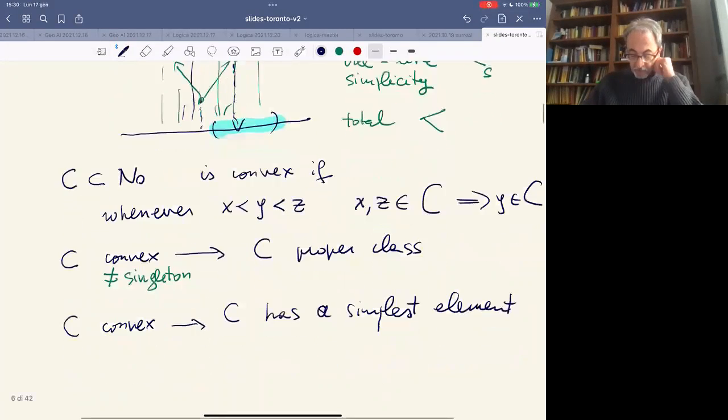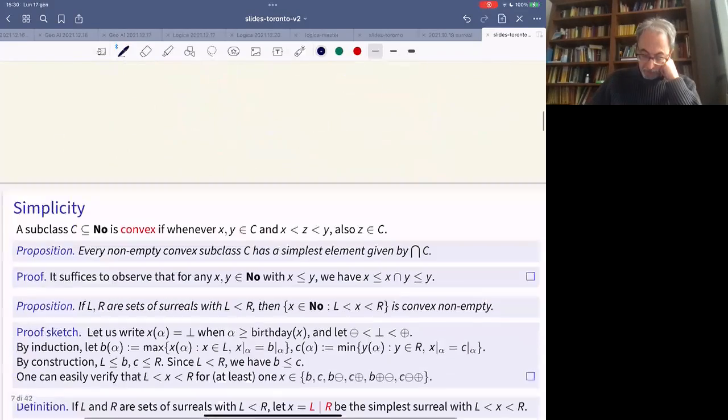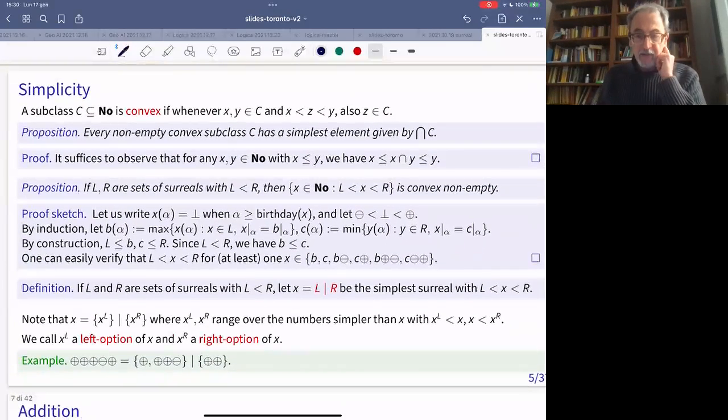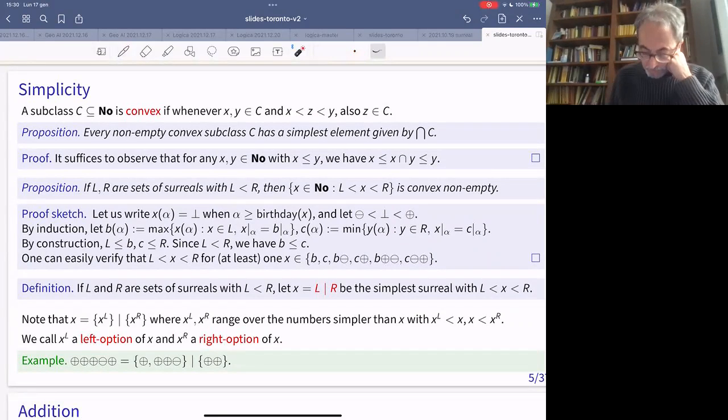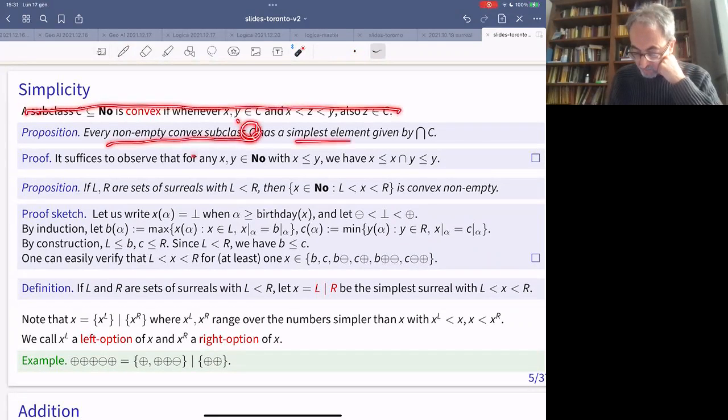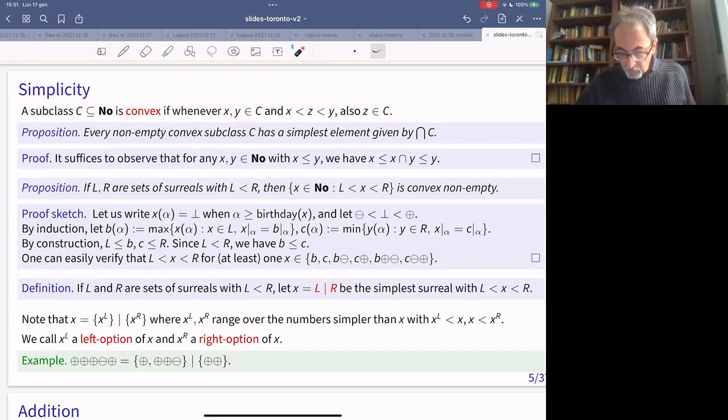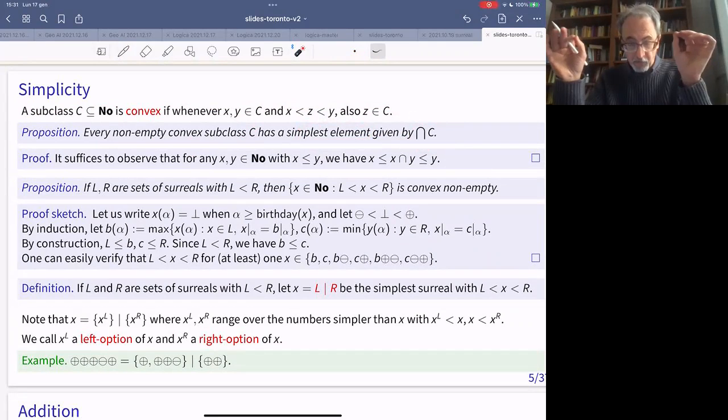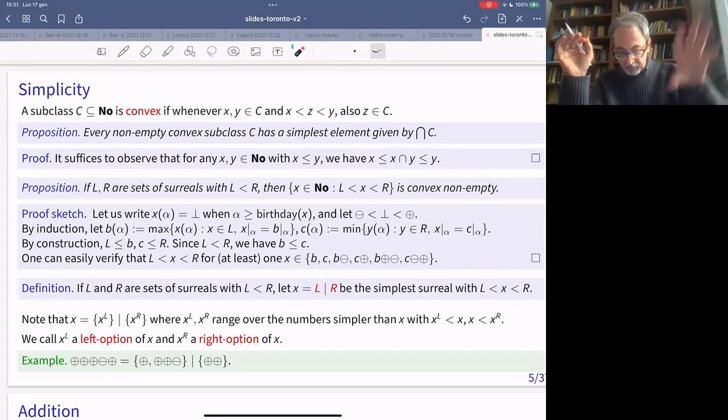And why? Let me just make a slide here, which says the same thing more formally. So this is the definition of convex. Every non-empty convex subclass has a simplest element. This simplest element is essentially the intersection. In which sense? Surreal numbers are functions because they are transfinite binary sequences, so they are functions from an ordinal to a binary set.